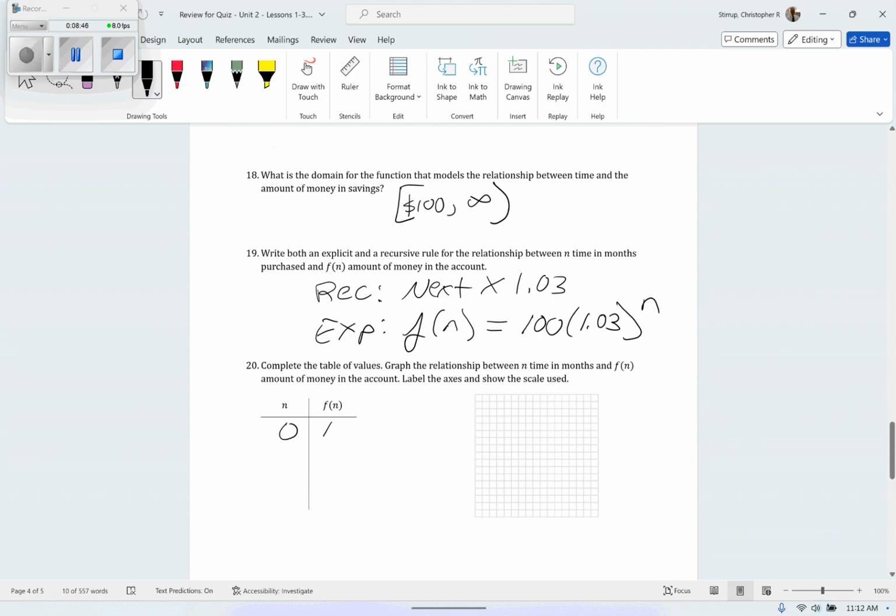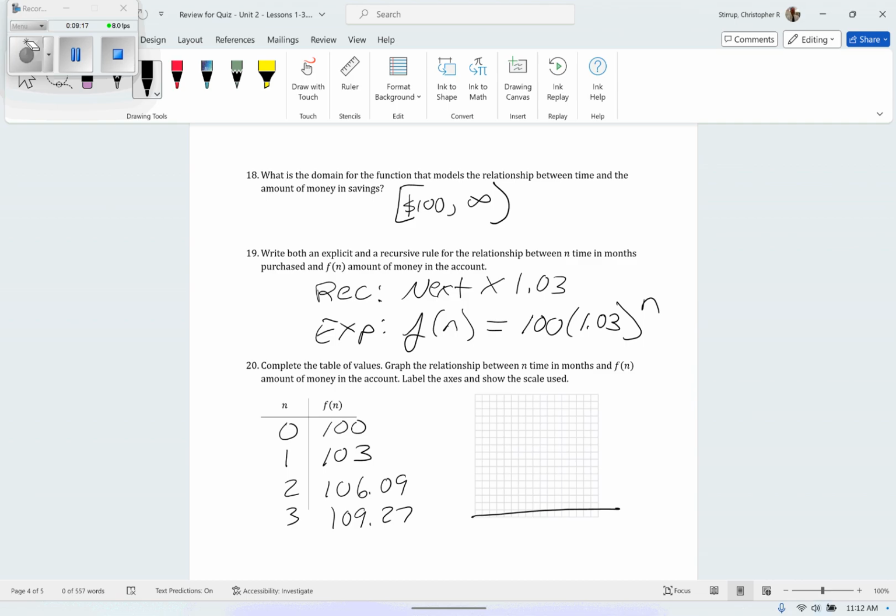So at 0, we started with 100. And then after a month in there, after 2 months in there, after 3 months in there, so on and so forth. So here's your months down here.